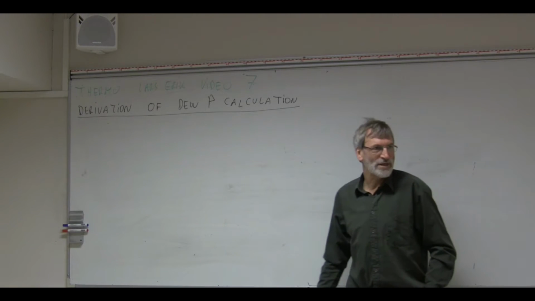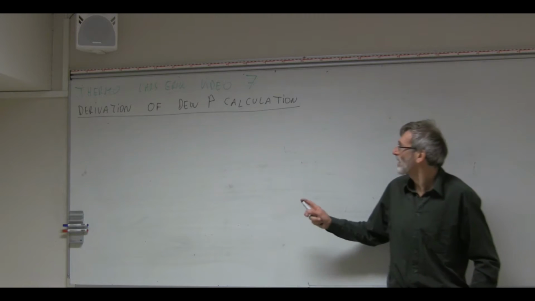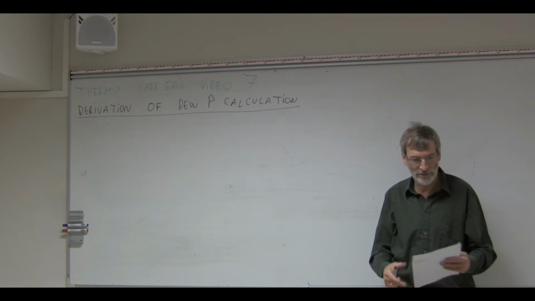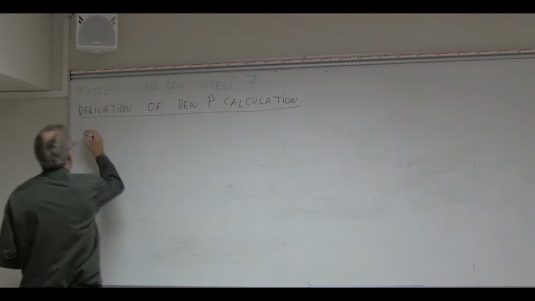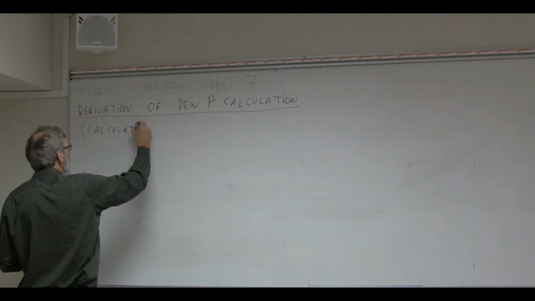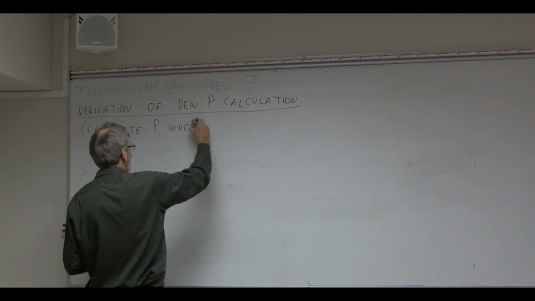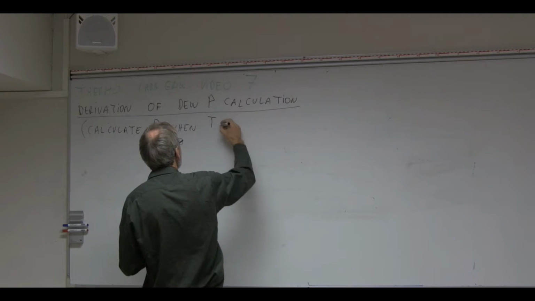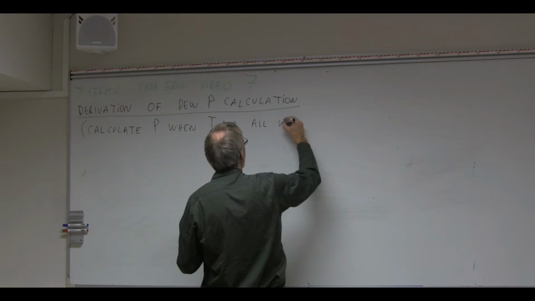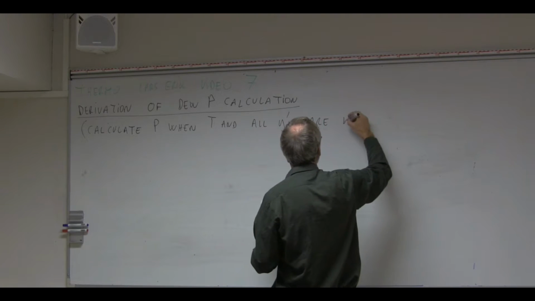This is video 7 in the thermodynamics series with Lars-Erik, and this is about derivation of DewP calculation. That is how to calculate pressure when T and all y's are known.